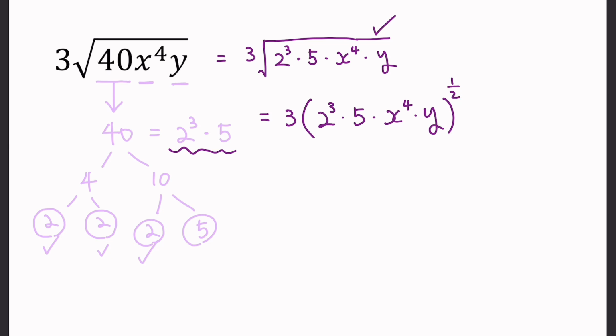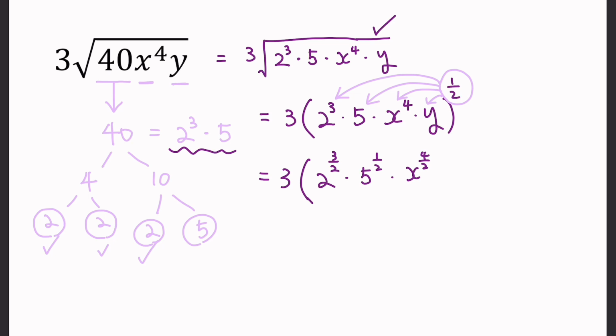The next step is to distribute that power of 1/2 to all the numbers within the parentheses and rewrite the whole thing. Then I'll have 3 times parentheses: 2 to the 3 over 2, 5 to the 1 over 2, x to the 4 over 2, y to the 1 over 2. Now we're almost done.